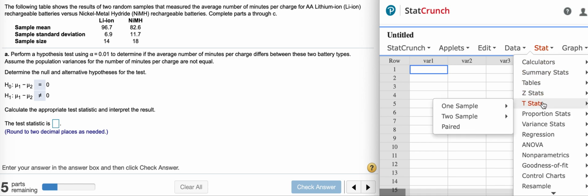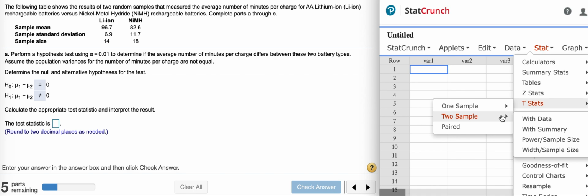So, continuing on to find the test statistic. To run our hypothesis test in StatCrunch, I'll choose Stat, t-statistics, and this is a two-sample test. Here I have the summary data, so I will enter the summary statistics.